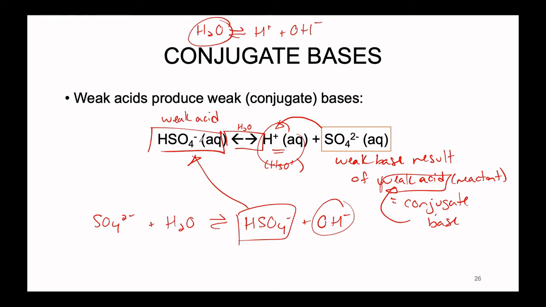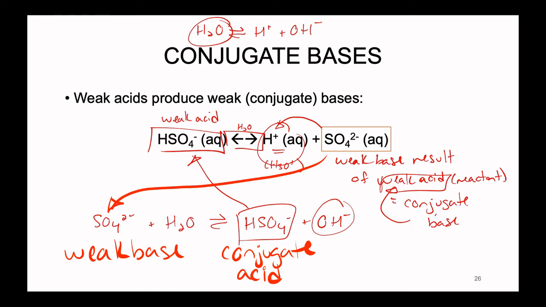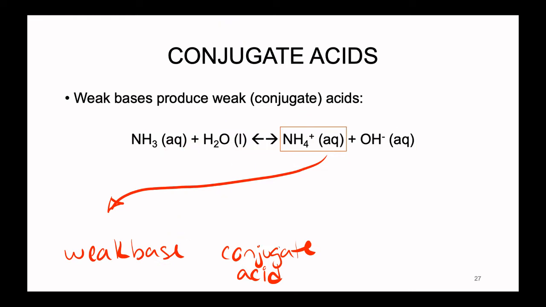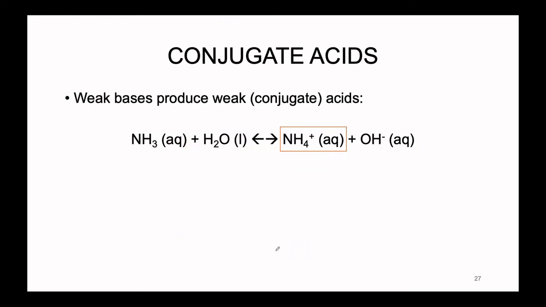These two pieces, the acid and the base, are intrinsically linked in solution because of the reversible dissociation in water. So when I say conjugate base, what I mean is the weak base that is the result of the weak acid dissociating in water. And similarly, because we have this reversible nature, a conjugate acid is the result of the weak base in solution.